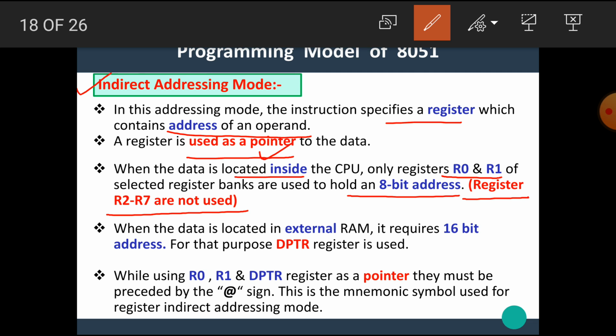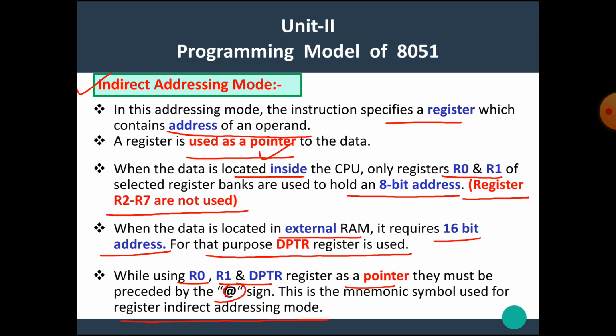When the data is located in the external RAM, it requires a 16-bit address. For that purpose, the DPTR register is used. While using R0, R1 or DPTR as a pointer, they must be preceded by the @ sign. This is the mnemonic symbol used for the register indirect addressing mode.